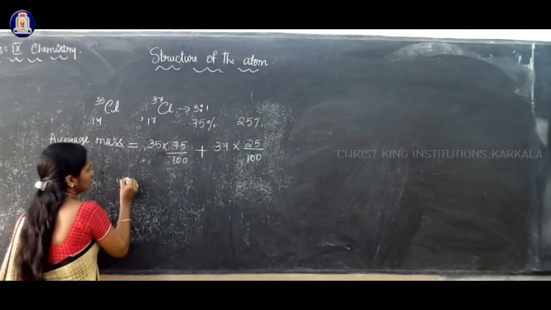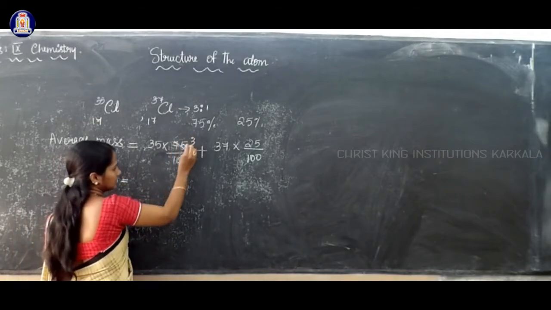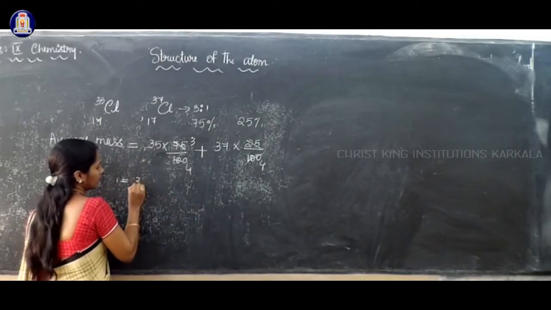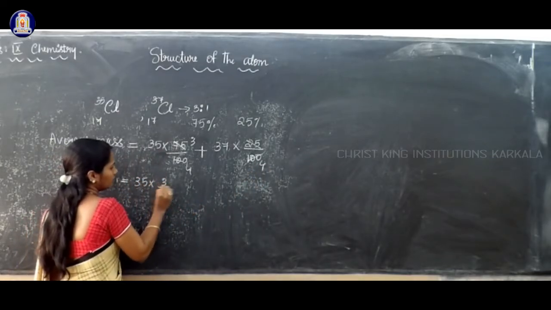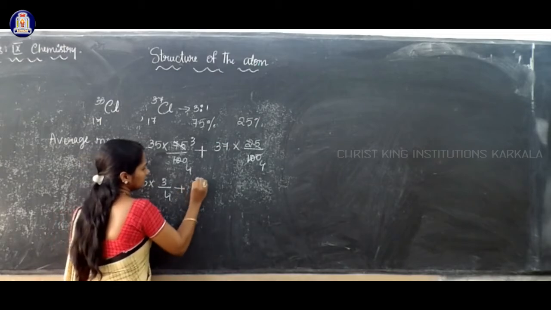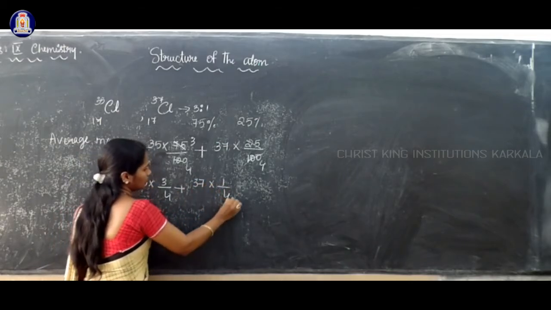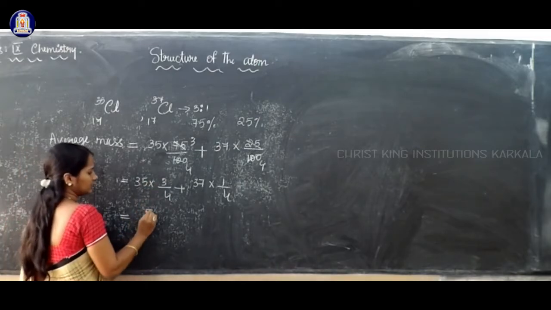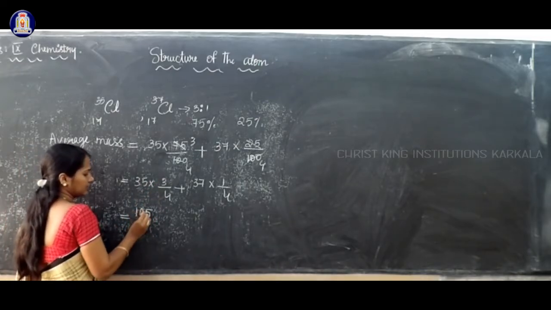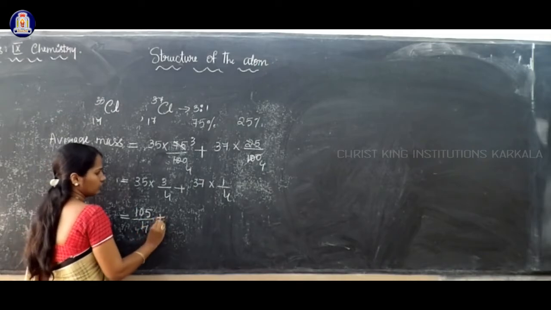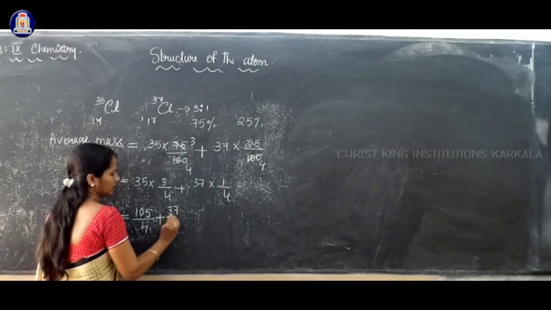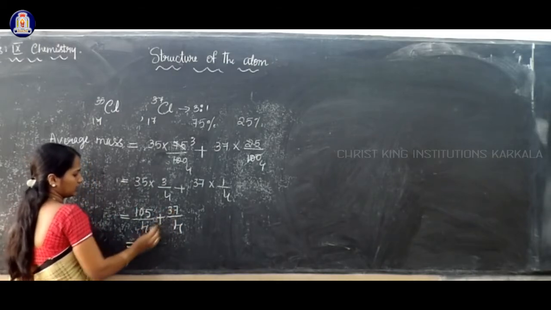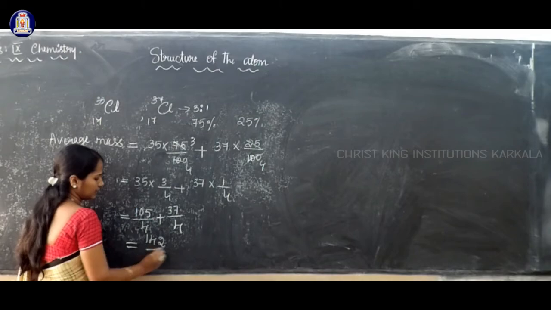Simplify this, which is equal to 25 3s are 75, 25 4s are 100, so 25 by 100 is 1 by 4, so 35 into 3 by 4 plus 37 into 1 by 4, which is equal to, 5 3s are 15, 1 carry, 3 3s are 9 plus 1, 10, so 105 divided by 4 plus 37 divided by 4, which is equal to 105 plus 37 is 142 divided by 4.